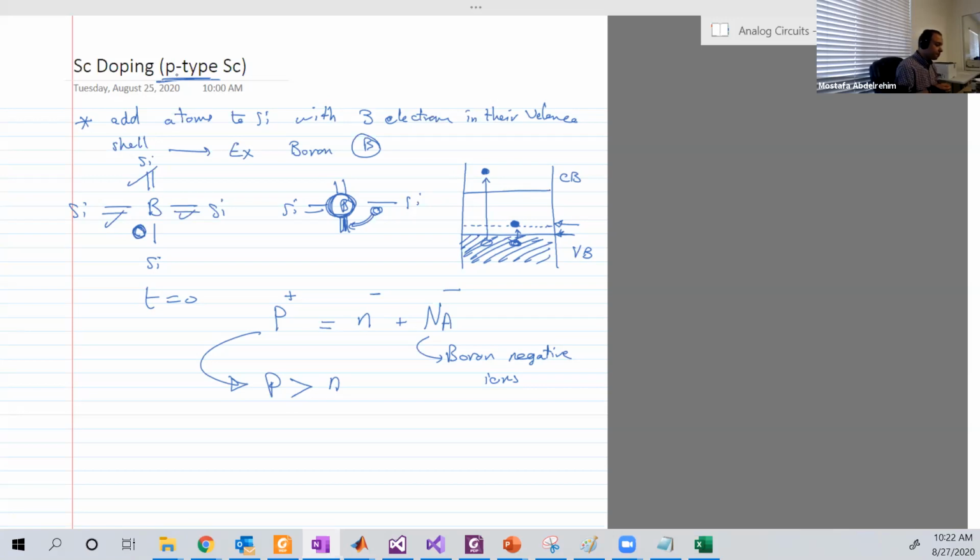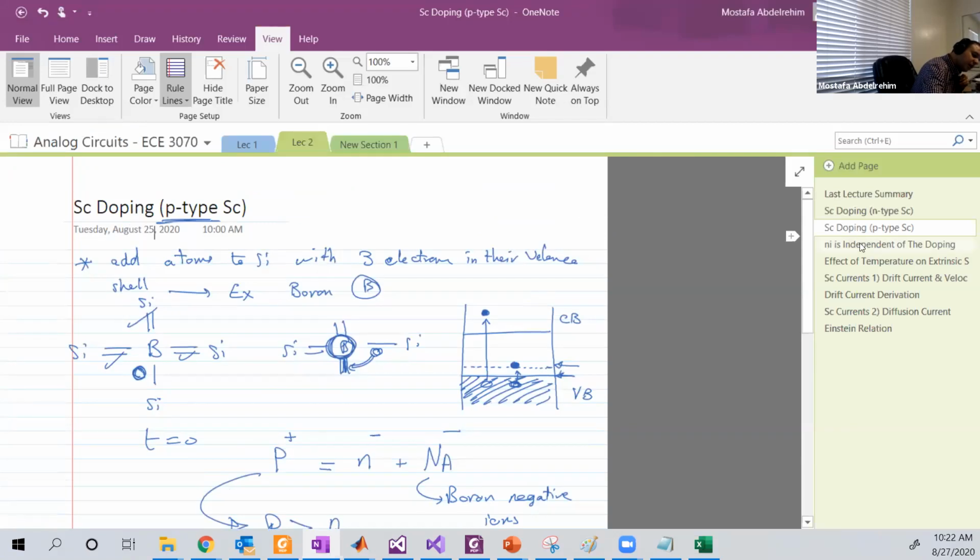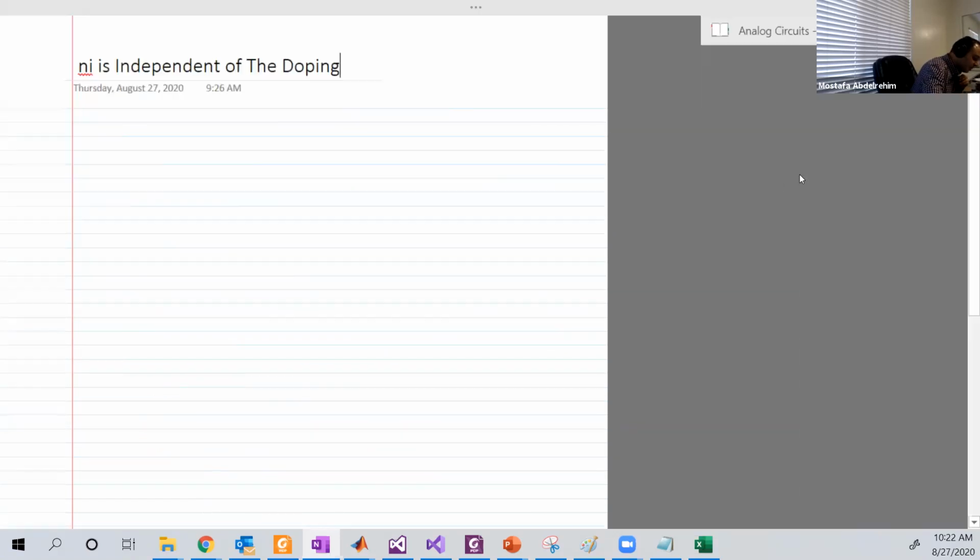Okay. Let's go to another topic. Now, another concept that relates everything together is that Ni, you remember, Ni is equal to 5.2 times 10 to the power 15 T to the power 3/2 exponential minus Eg over 2kT.